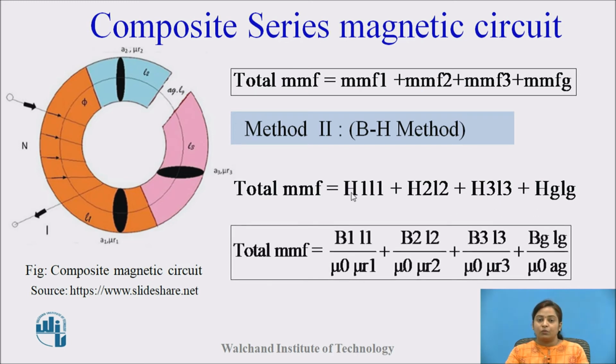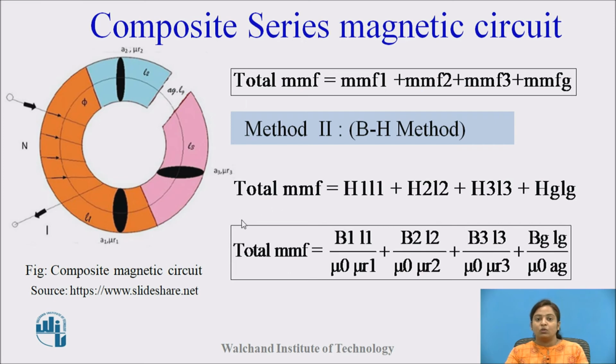What is the definition of H? It is nothing but B by mu 0 mu R. So for the first part, H1 is B by mu 0 mu R1. Similarly for the second, third and for the air gap.